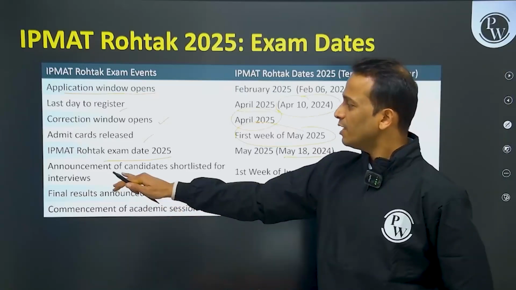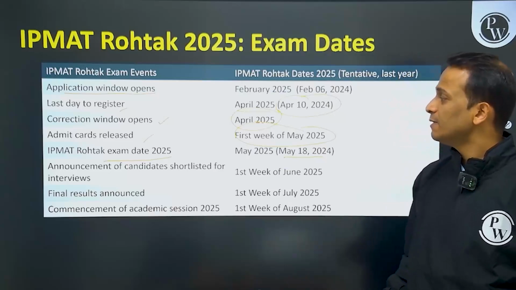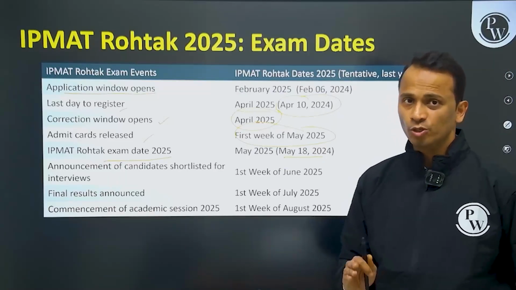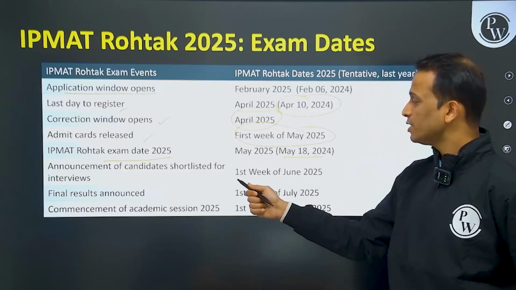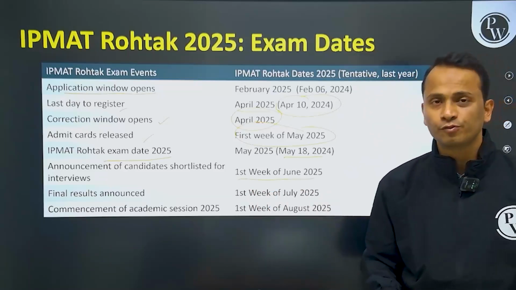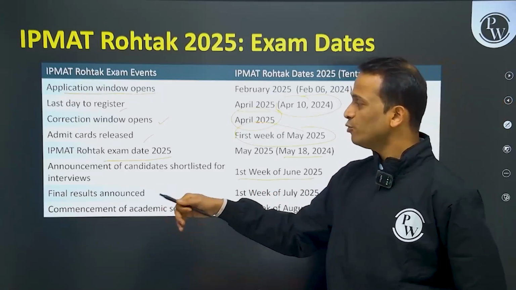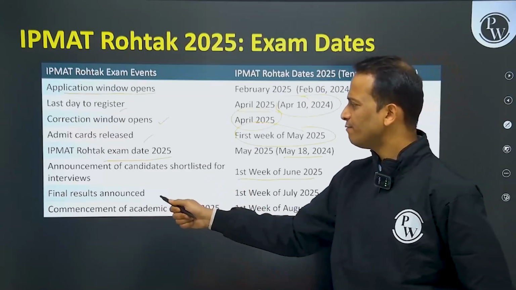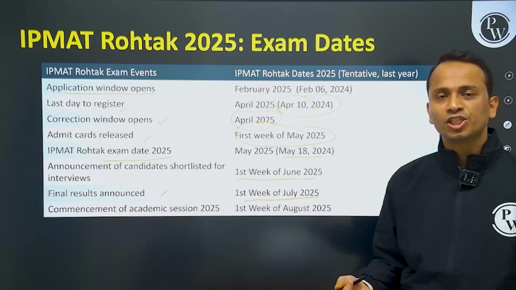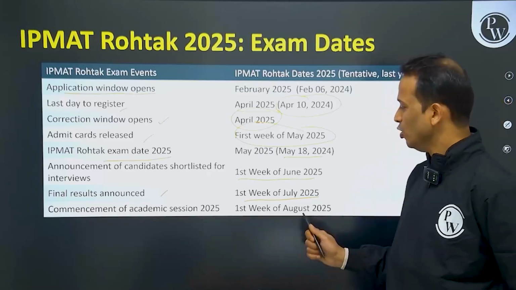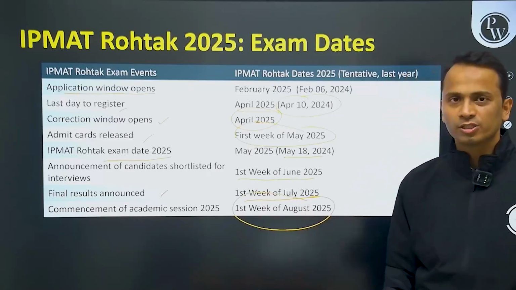After this comes the announcement of candidates shortlisted for the interview. You will be shortlisted somewhere in the first week of June, the interviews will be conducted in June, and the final results will be announced in the first week of July. The session for this year will commence in the first week of August.